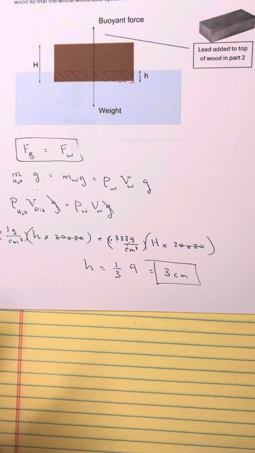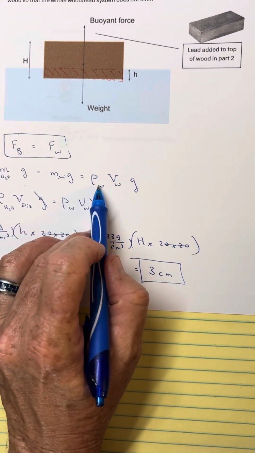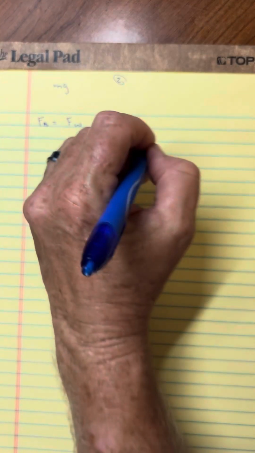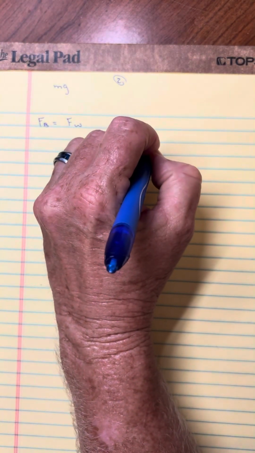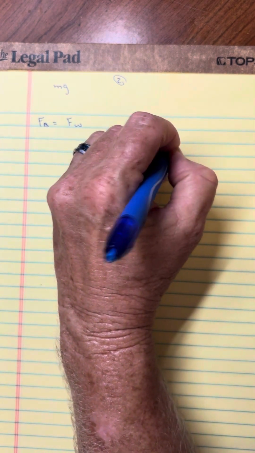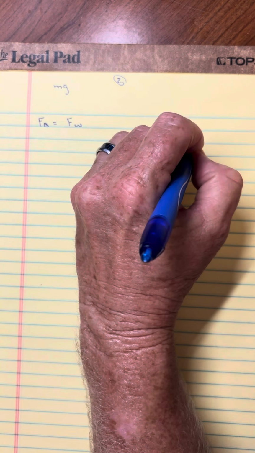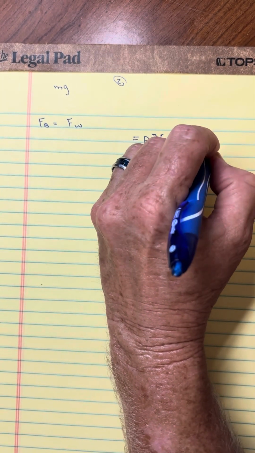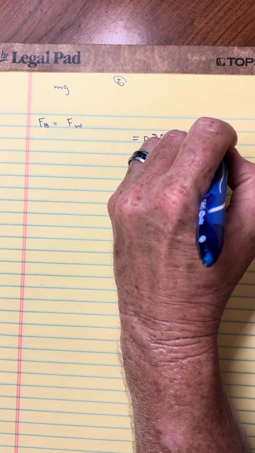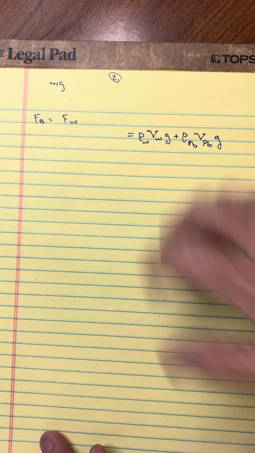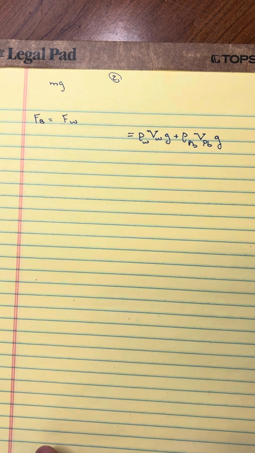Let me just jump right from mg to rho vg for weight. So this would be the density of the wood times the volume of the wood times g. This would be the density of lead times the volume of lead times g. So there's the weight of the two.